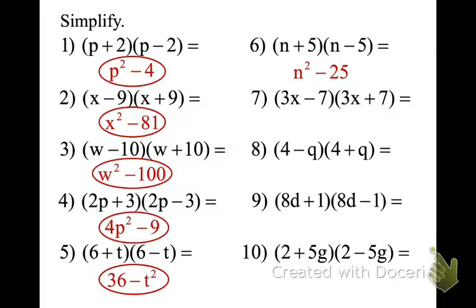Next one. Let's go Jason. 9x squared minus 49. Good. Next one, Gideon. 16 minus q to the second. Good. Next one, Alice.